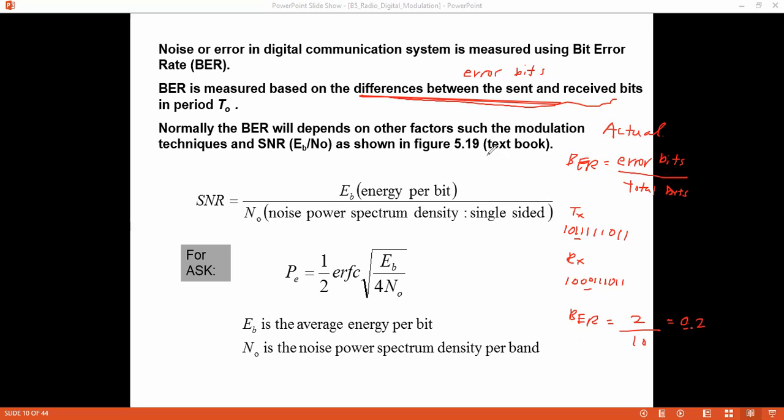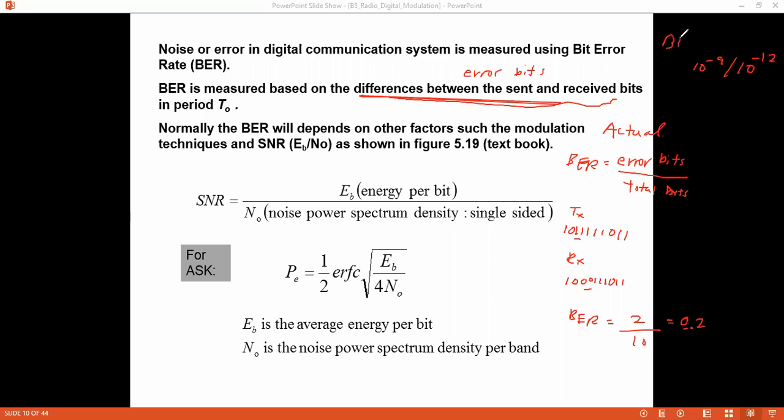But practically, it's very difficult to measure the actual bit error rate, because the requirement for current systems is quite strict. For example, in optics, the requirement is a bit error rate of 10 to the minus 9 or 10 to the minus 12.